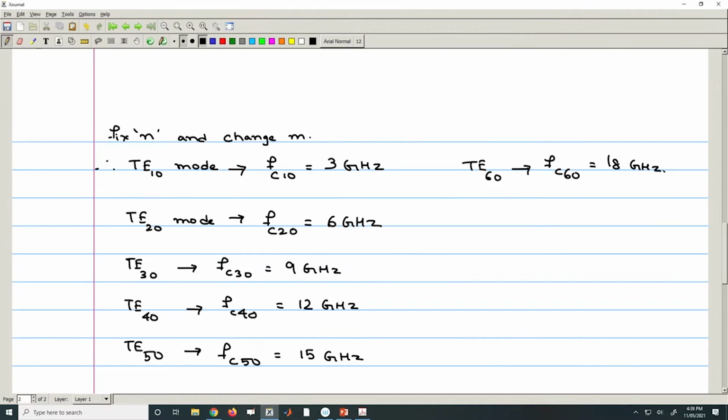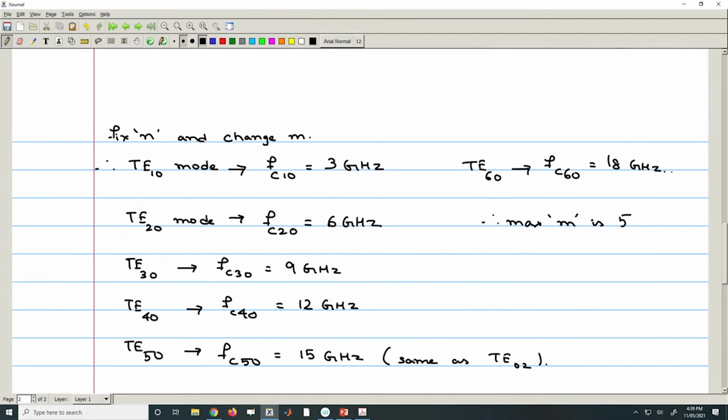Now, this TE50, when f_c50 is 15 gigahertz, is the same as TE02. Okay. Therefore, from above we can conclude that maximum m is 5, because 18 gigahertz is again greater than 15.1.